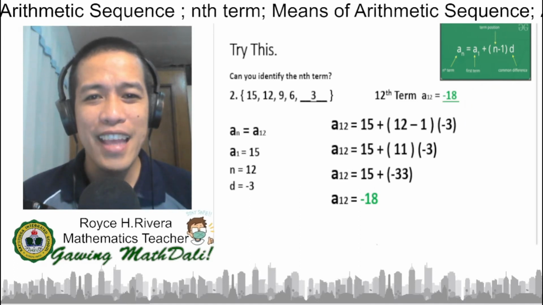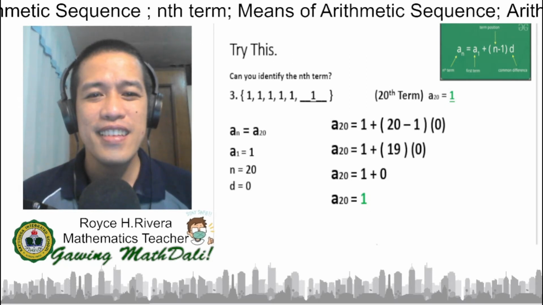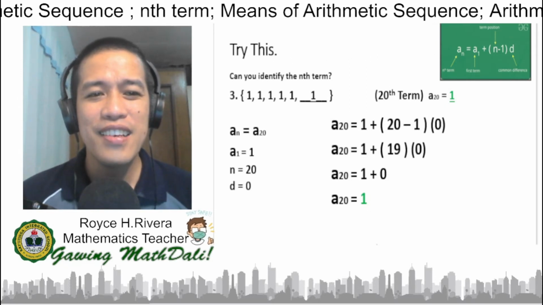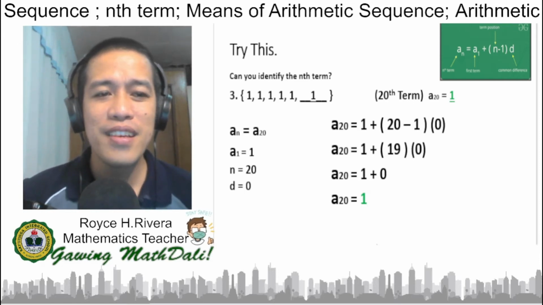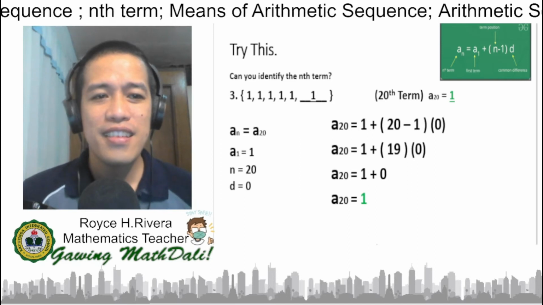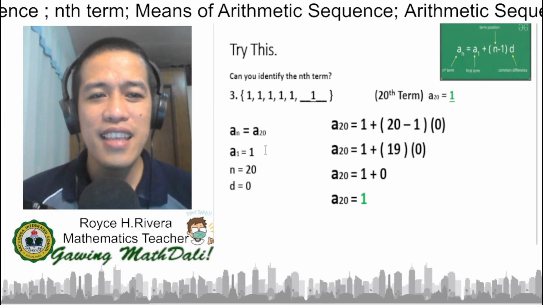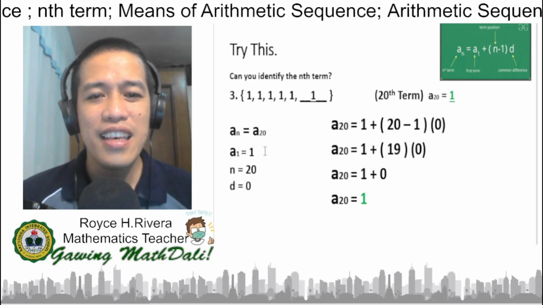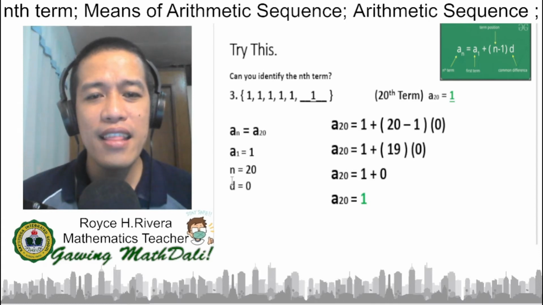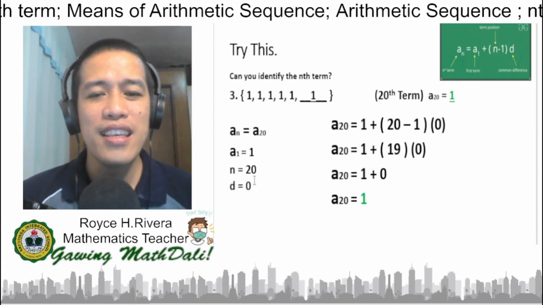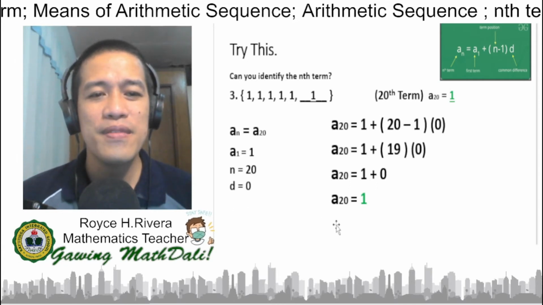Pangatlong sample na tayo. Number 3, we are asked to find the 20th term of the sequence. A sub n is a sub 20. A sub 1 is 1. N is 20. D is 0.